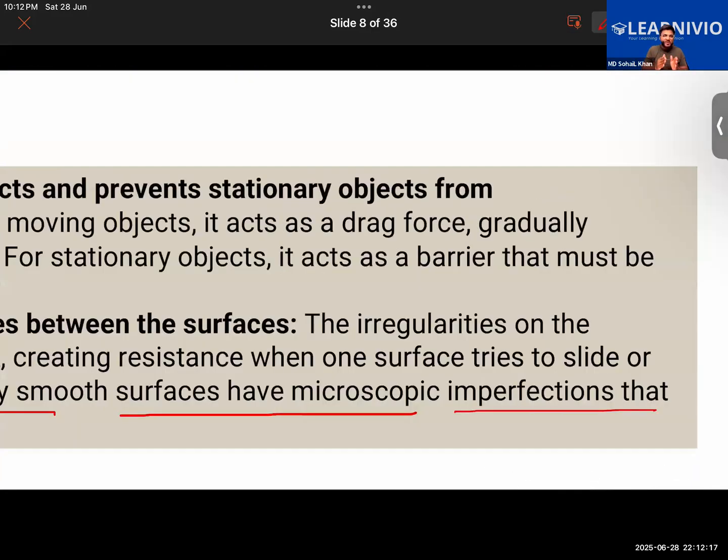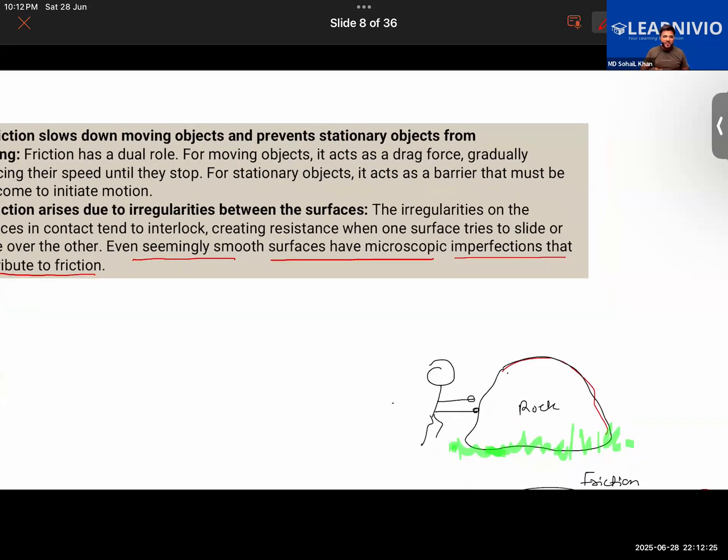When you view it under a microscope, you will find some imperfections in it. Because of that, it becomes difficult to move two seemingly smooth surfaces that are in contact with each other.